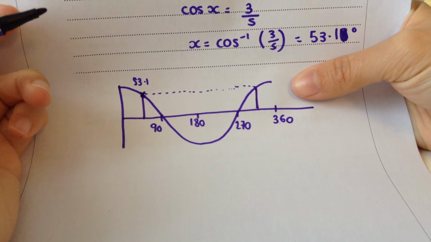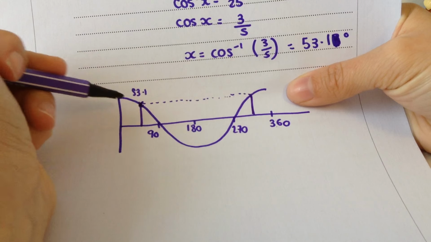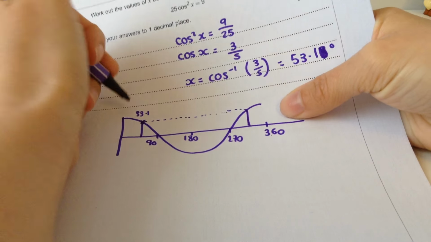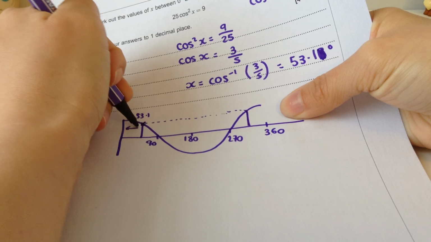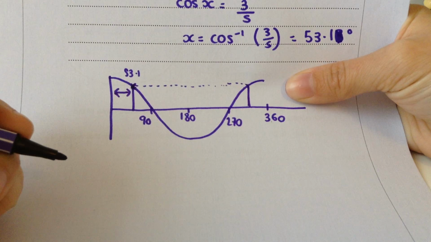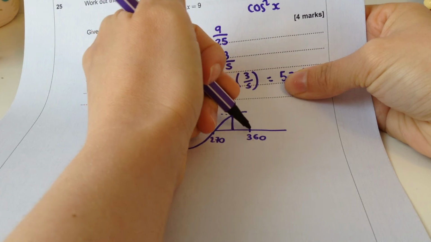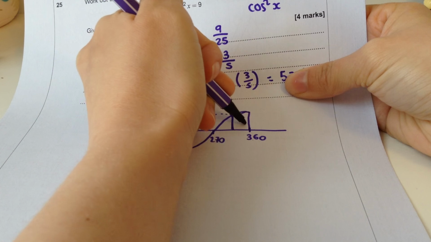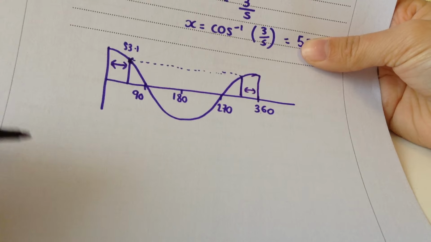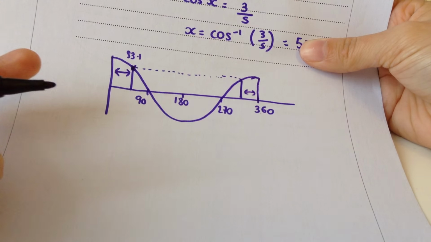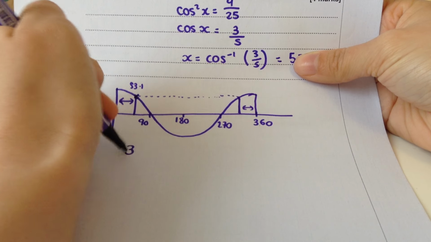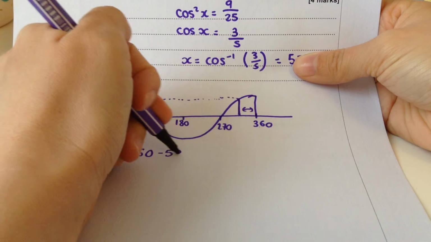And you have to use a bit of symmetry. So if this gap from here to here is 53.1, then this gap from 360 to the left must be 53.1, so I'm going to have to do 360 minus 53.1.